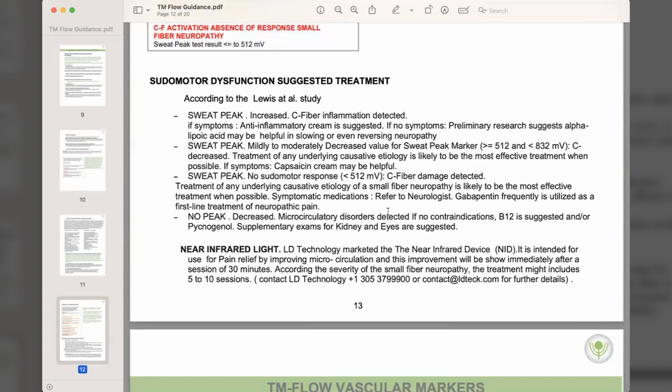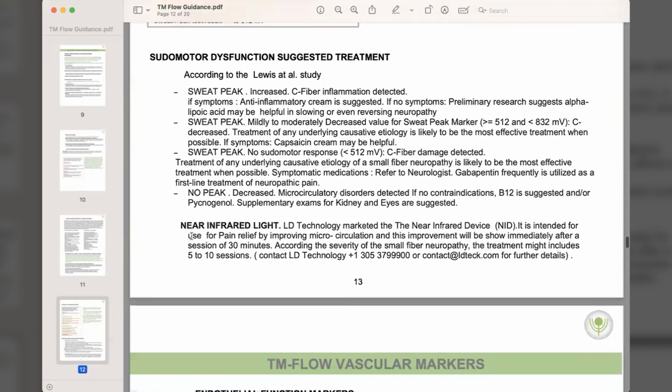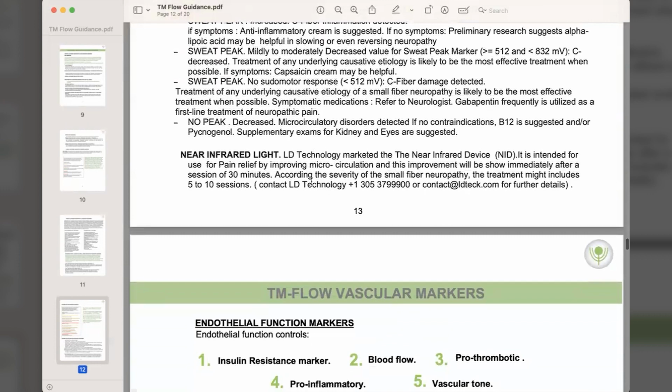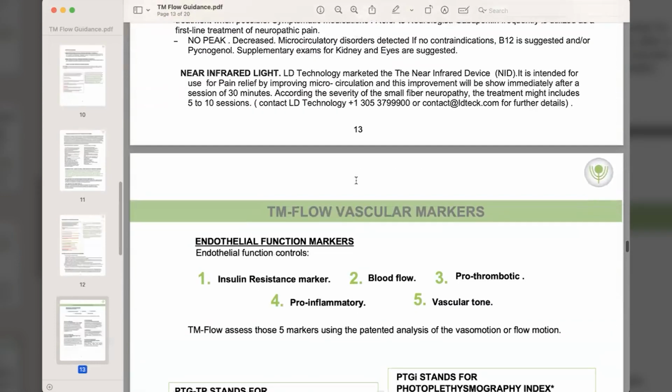This has the suggested treatment. A lot of these guys use near infrared light, right? And they charge for it. So this will validate that. Doctor, why are you doing this? Here's why.